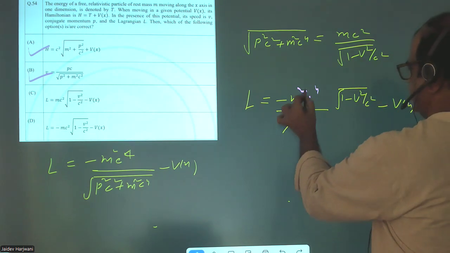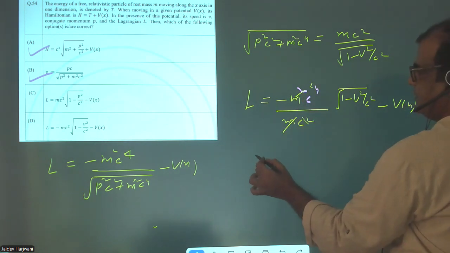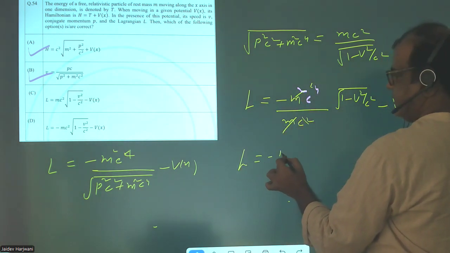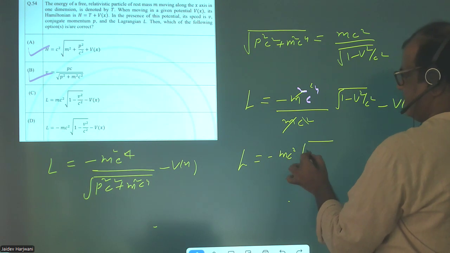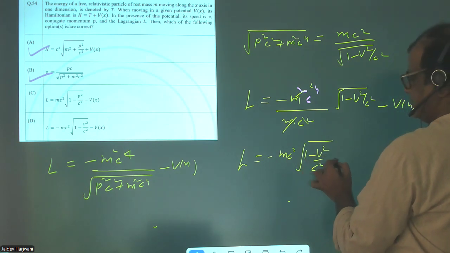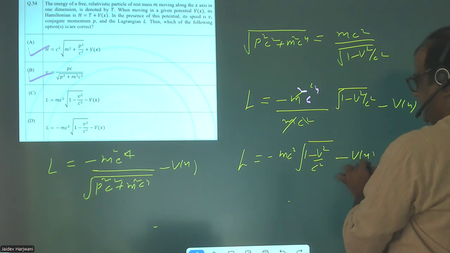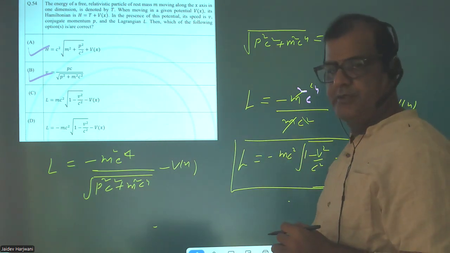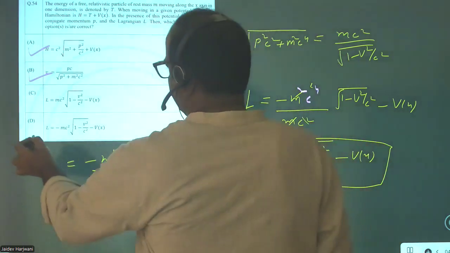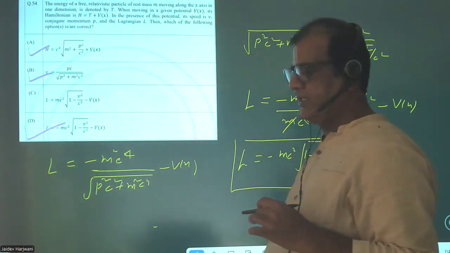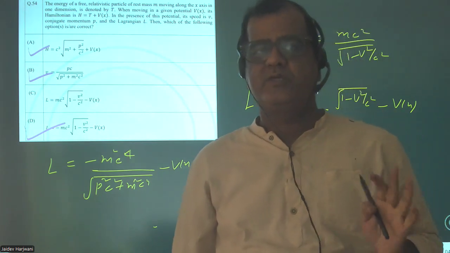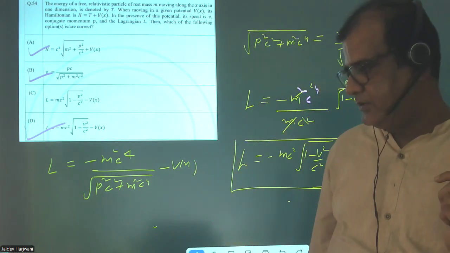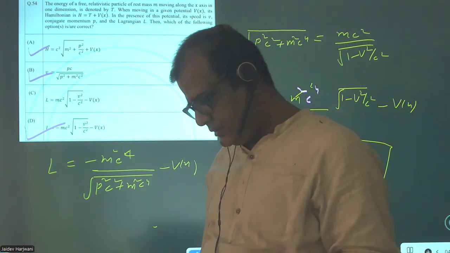Okay, so M cancels, C cancels, so L comes out minus MC square 1 minus B square by C square minus Vx. So this is option D. So option D is also correct for this question. Okay, so now let us see some more questions.